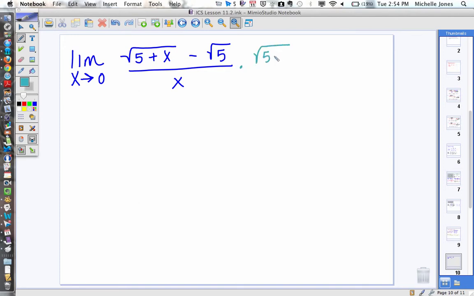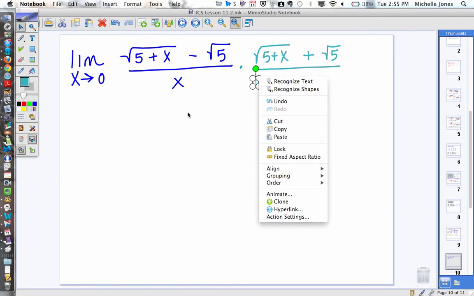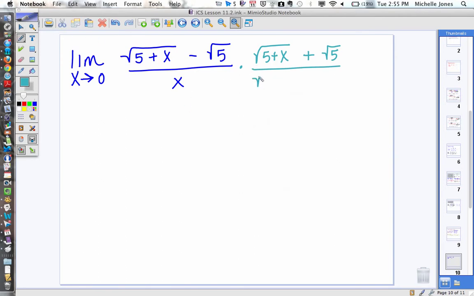So we'll have the square root of 5 plus x, and then we're going to have an addition sign. This is the only sign that you change right here. Plus the square root of 5. Can't just do it once, you've got to do it in the bottom as well. So you have the square root of 5 plus x plus the square root of 5.